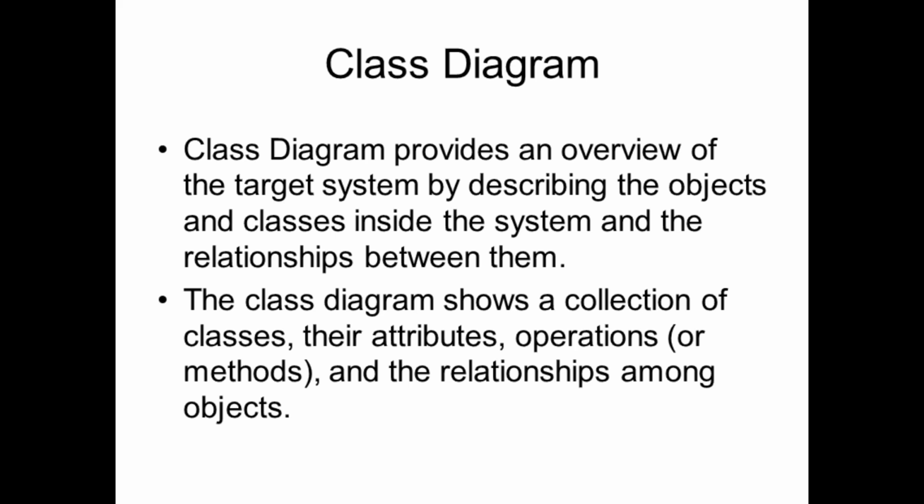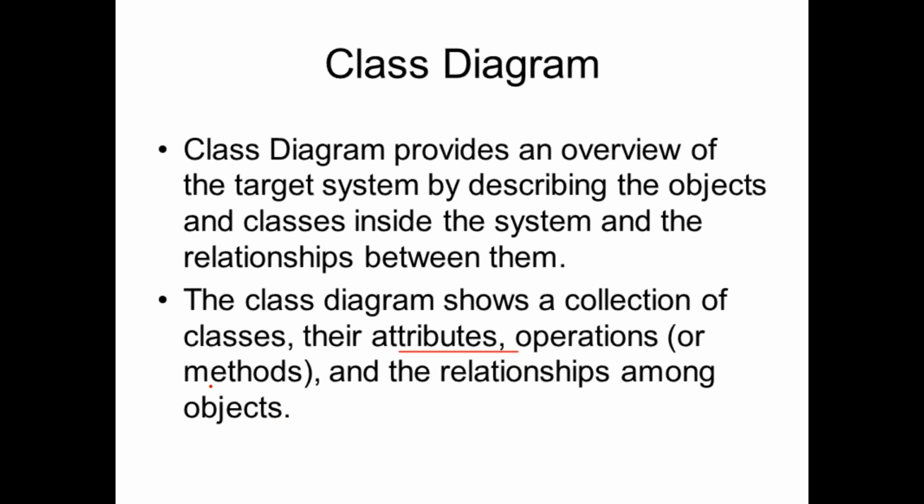The class diagram provides an overview of the target system by describing the objects and classes inside the system and the relationship between them. The class diagram shows the collection of classes, their attributes and operations, and the relationships among the objects. The attributes are what we defined: customer name, customer location, order date, and order number.